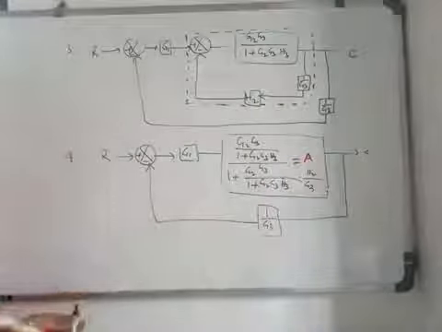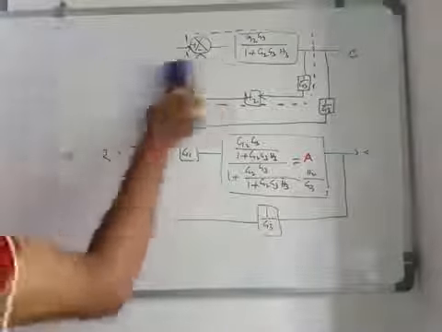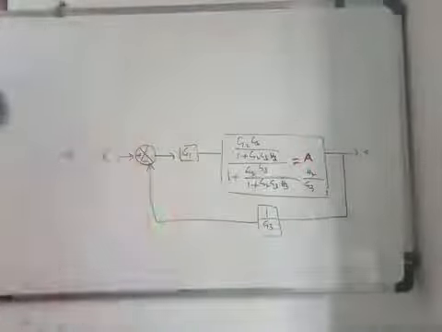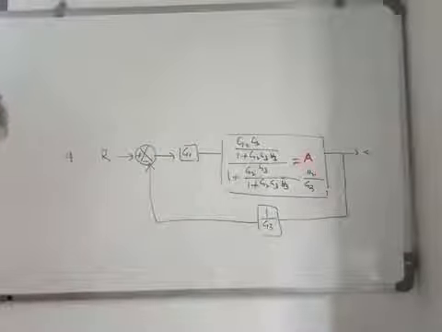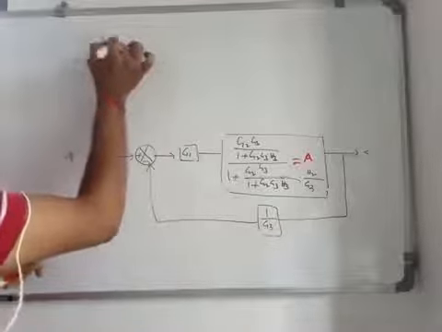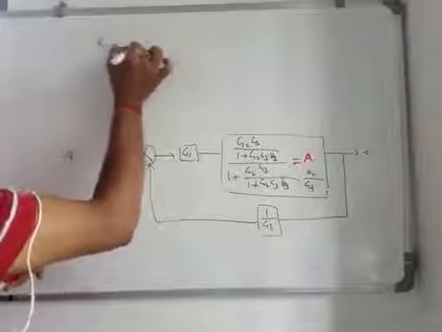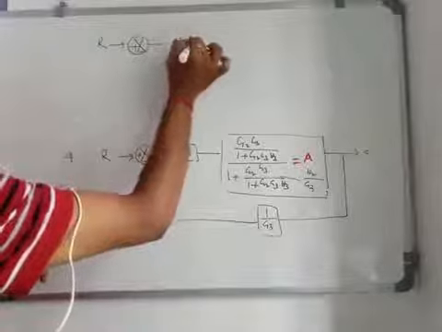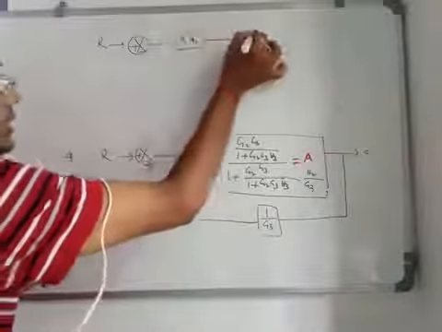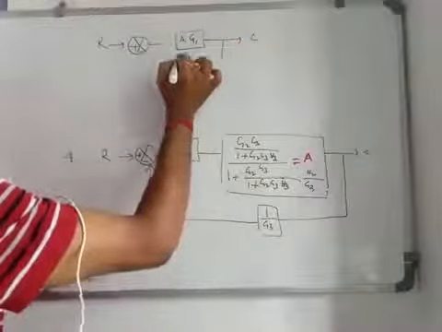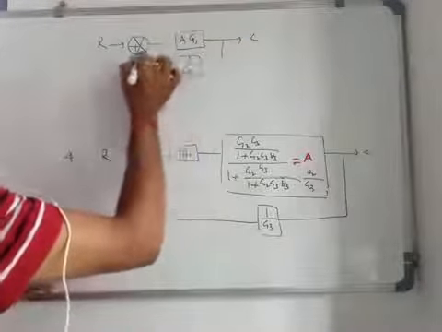So in the next step I can write the last step, step 5. What happens? You see step 5, that is R plus minus, this is your A into G1 forward path gain, this is your C, and this is your feedback path gain 1 by G3.